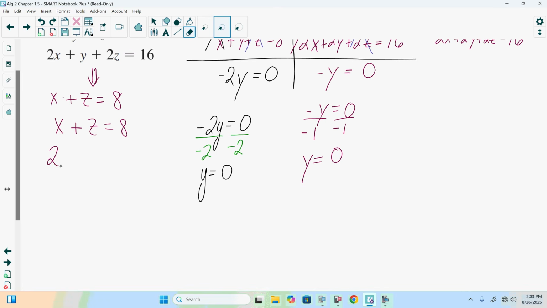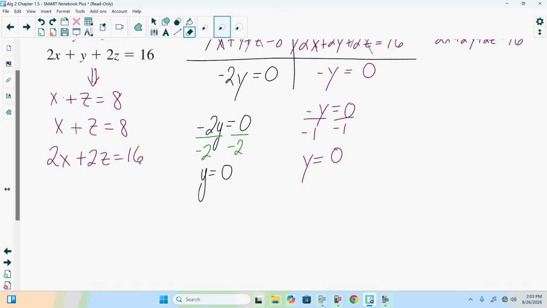And the last one, we have 2x plus 2z equals 16. What do you notice about those 3? Because the first 2 are the exact same equation, yes? And the third one is just double, multiplied by 2.